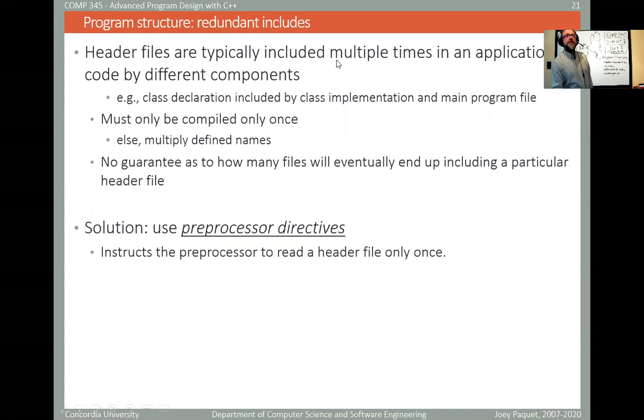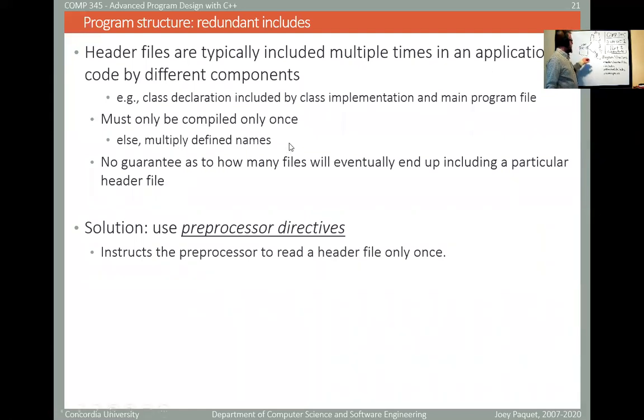So header files are typically included multiple times in an application, because the idea of defining a component is that it can be used in a lot of different places. If it is used in a lot of different places inside of the same compilation unit, then reading its header file is going to lead to redeclarations.